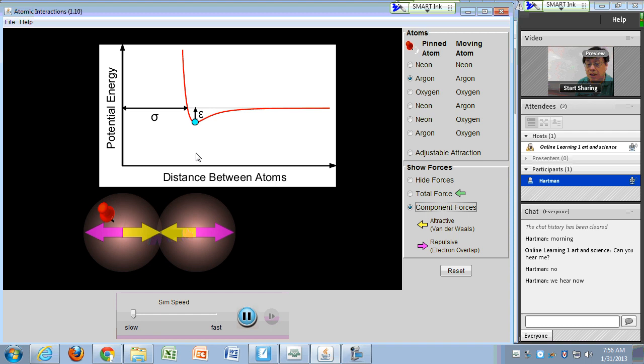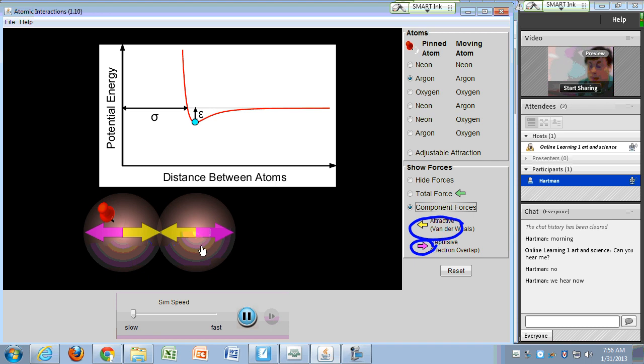You'll notice that at the minimum value of the potential energy, there's a balance of forces. These yellow arrows represent attractive forces, and these pink arrows represent the repulsive forces. So you can see at that distance where the potential energy is at a minimum, you have a balance between attractive and repulsive forces.